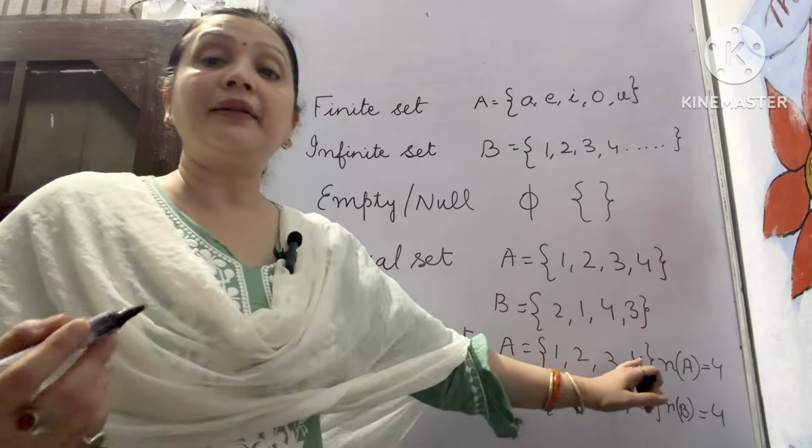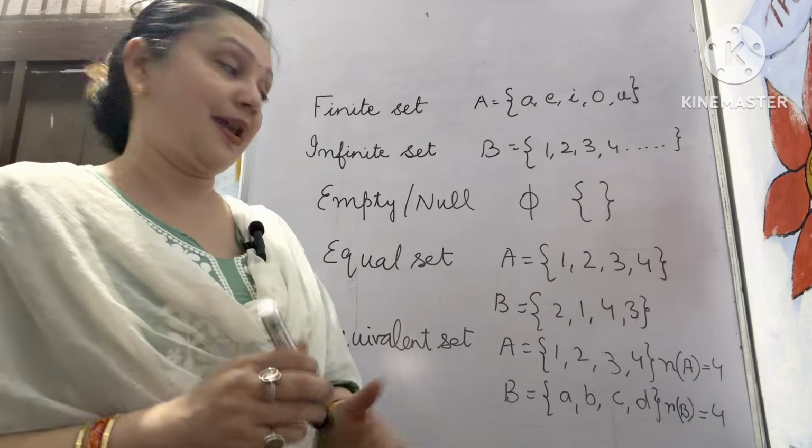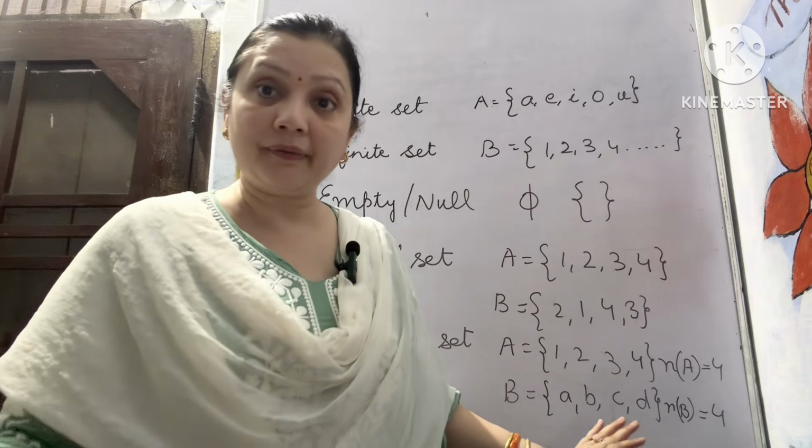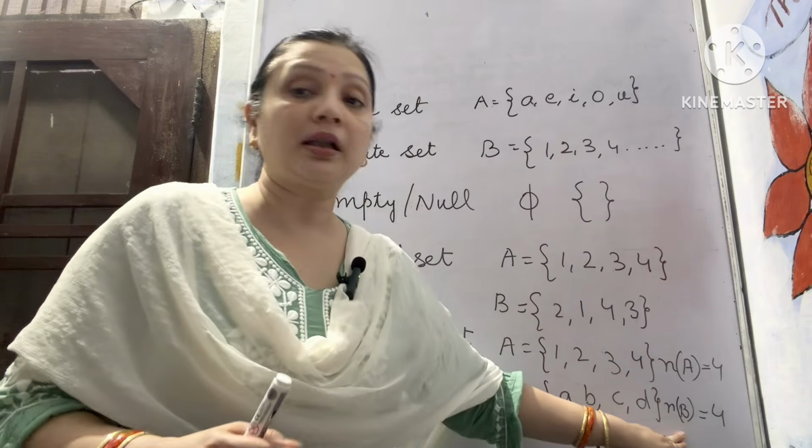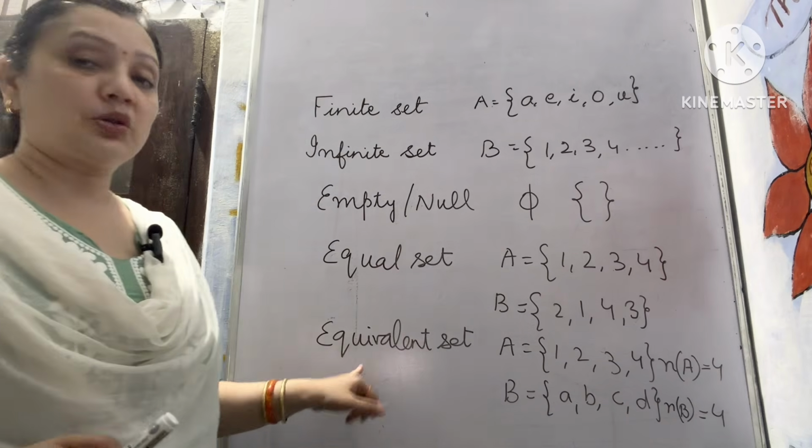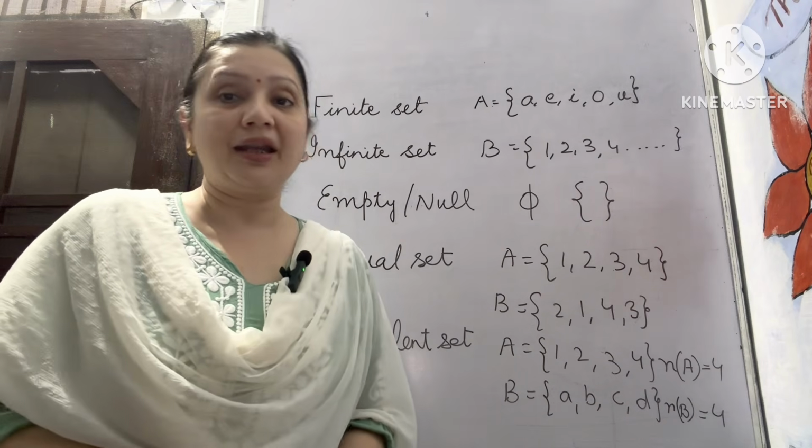So because the cardinal numbers of both the sets are same, though elements are totally different, these two sets are equivalent sets.